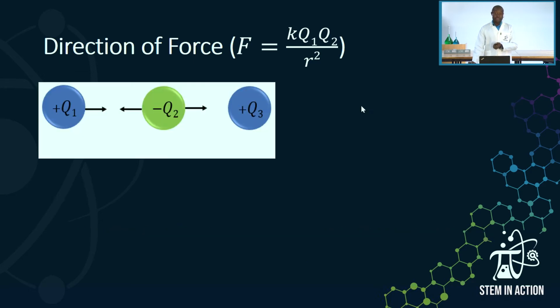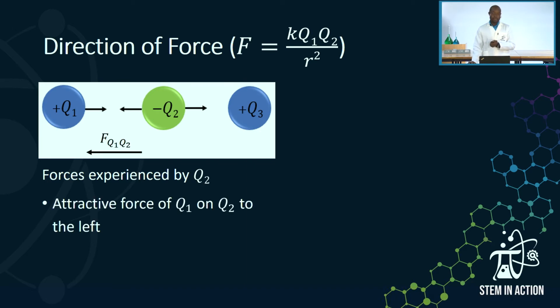When we have three objects, in this case Q1, Q2, and Q3, we consider the forces on the central charge. In most of your questions, when we have three charges, the point that is going to be considered is the middle charge, right? So you will have to be able to explain the forces around the central charge.